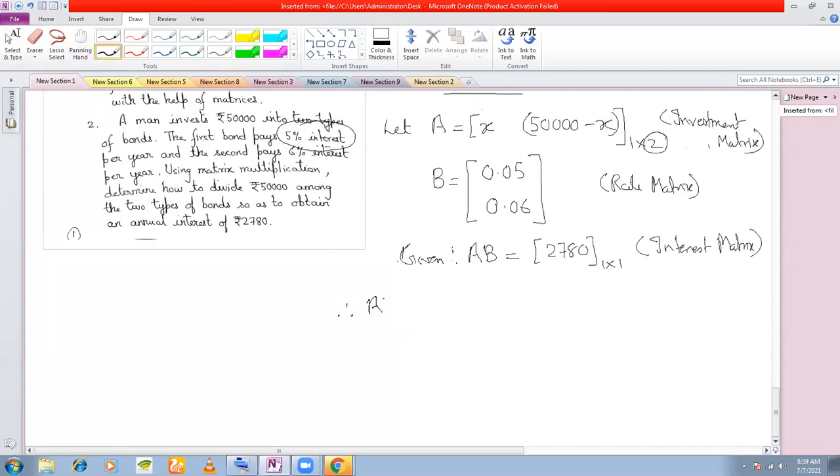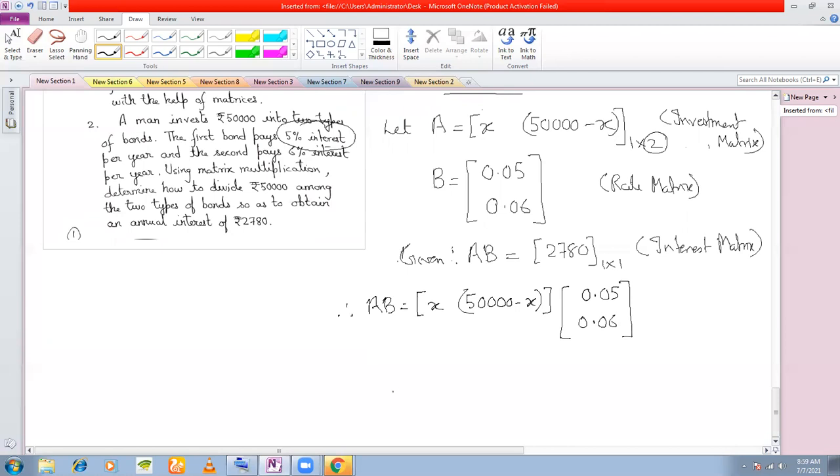Therefore, AB is equal to, multiply these two, X and 50,000 minus X into 0.05 and 0.06. Okay.